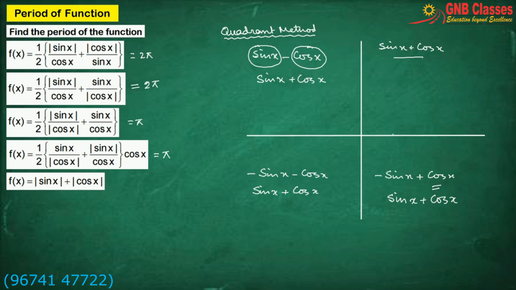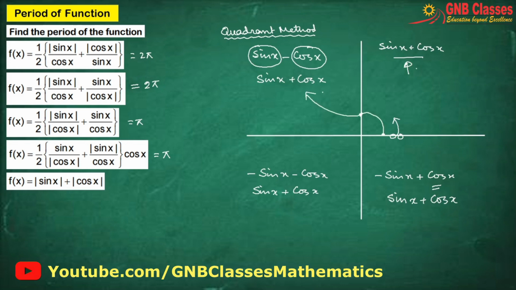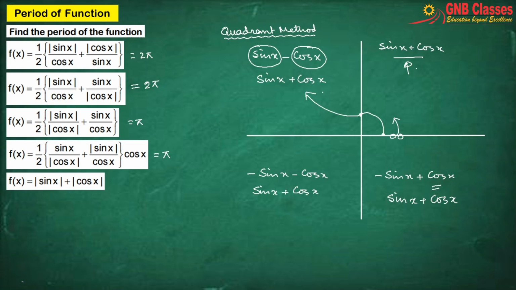The third step is to start our journey from this point and move in the anti-clockwise direction, looking at the function sin x plus cos x. Now if you move from here to this point, you can see the function sin x plus cos x, which is exactly the same function we saw at the start of our journey.